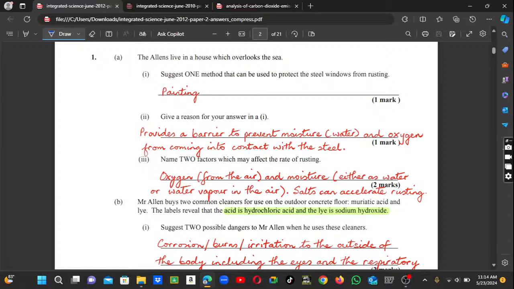Then we are talking about the salt, which can accelerate the rusting. It would be the salt in the seawater, guys. The salt would cause the steel to rust very quickly.